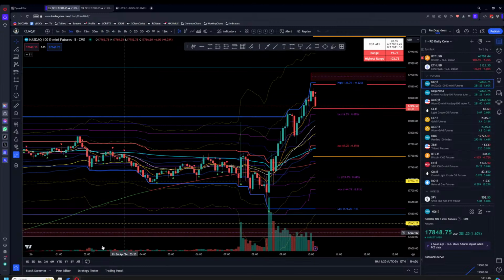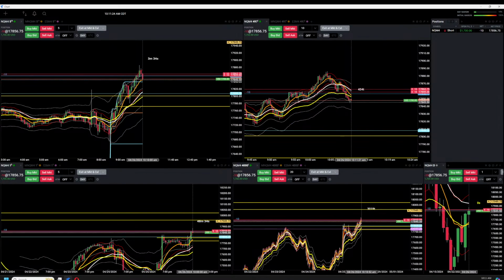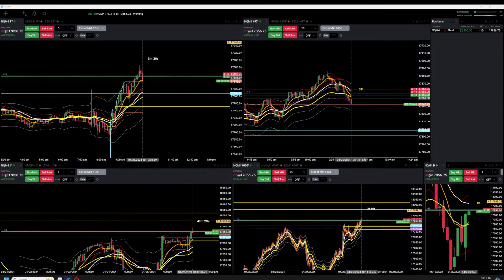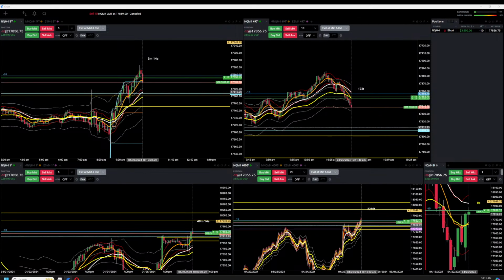By the way, I'm short. Sorry, I just went short a little bit. So we'll look at the opening range high. I'm not going to go long here yet. I'm going to wait for an overshoot. But I think it might even be a little bit bigger pullback here. Maybe down to the, I don't know.